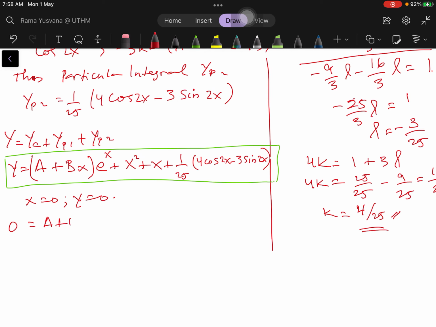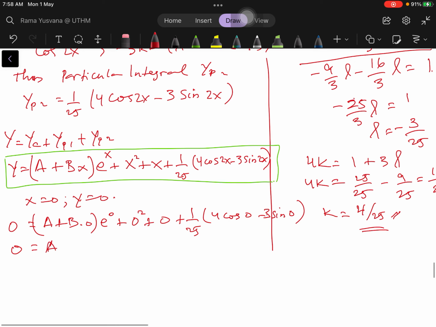So 0 equals a plus b times 0 times e to the power of 0, plus 0 squared plus 0, plus 1 over 25 times 4 cos 0 minus 3 sin 0.